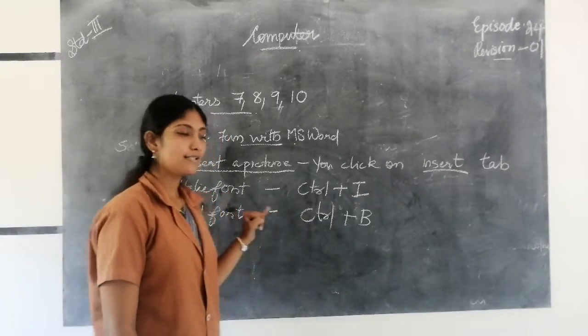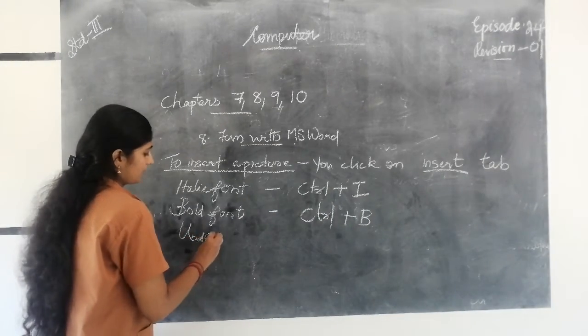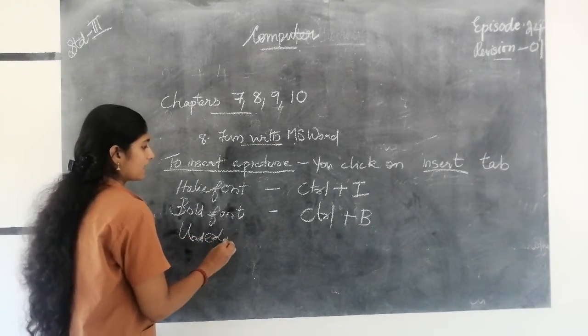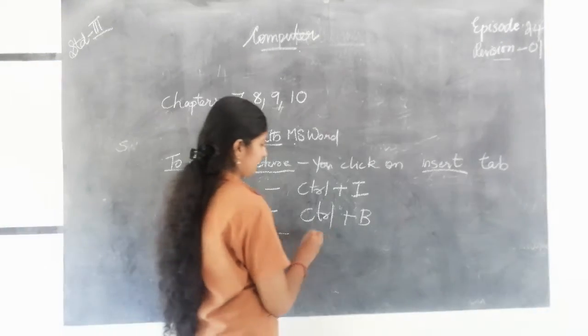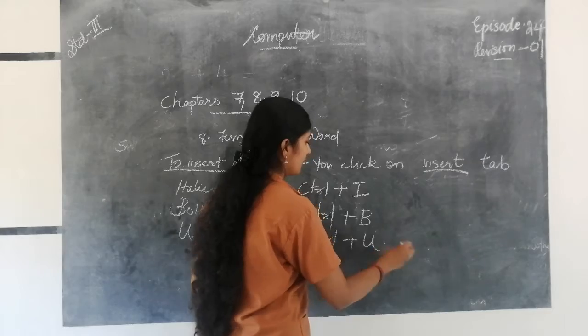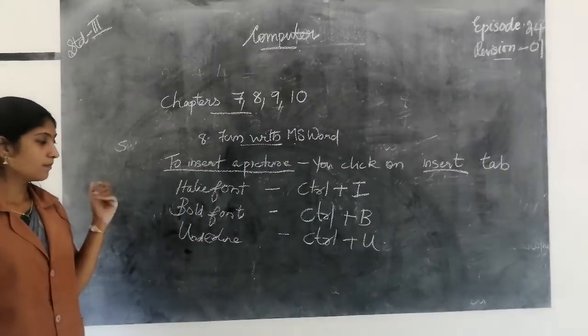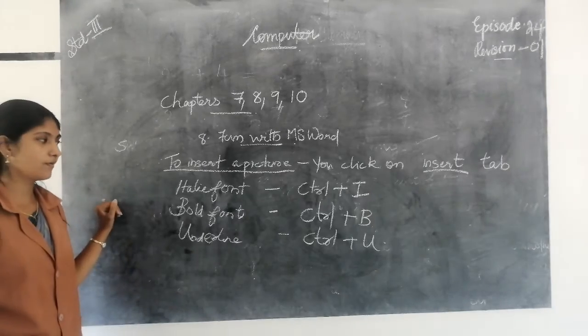Then what about underline? For underline, you can use the shortcut key Control plus U. So here are three font styles: italic font, bold font and underline font.